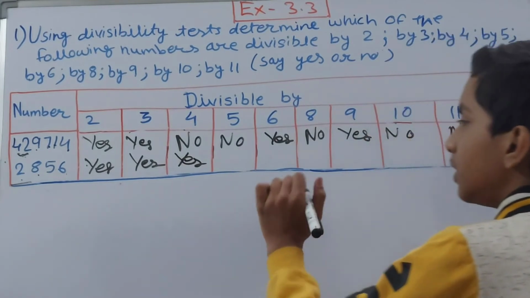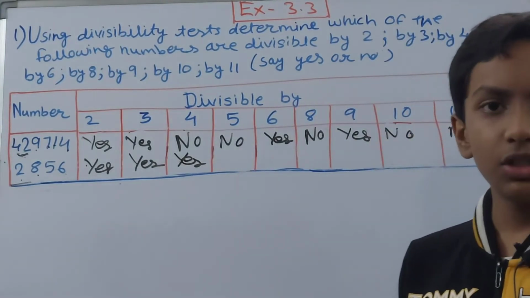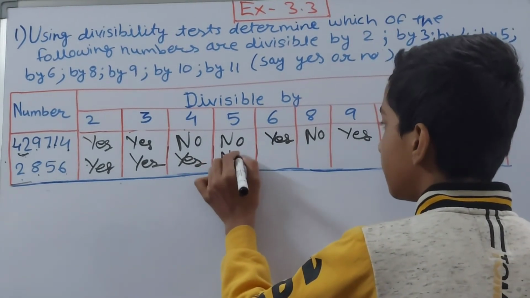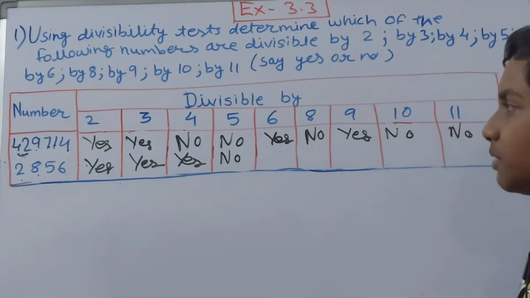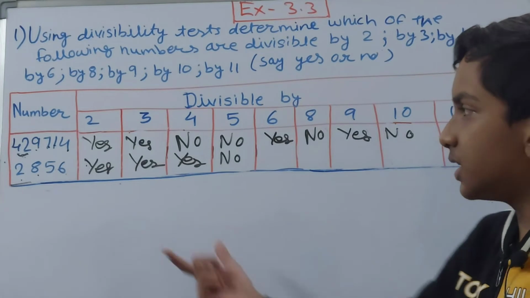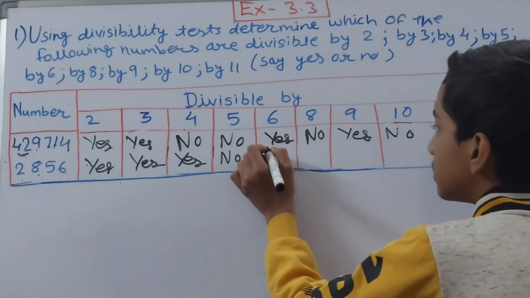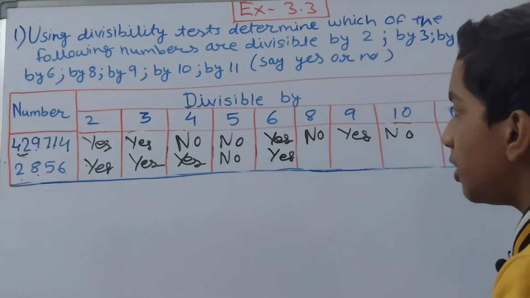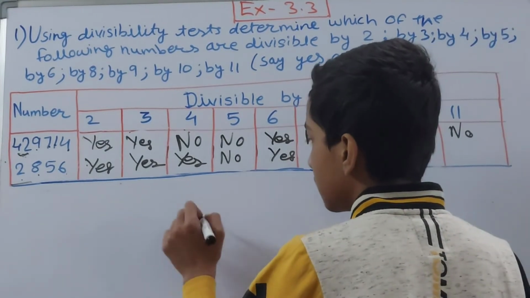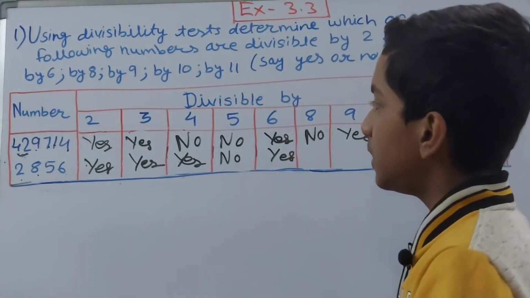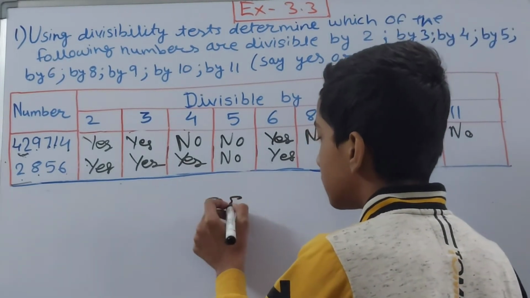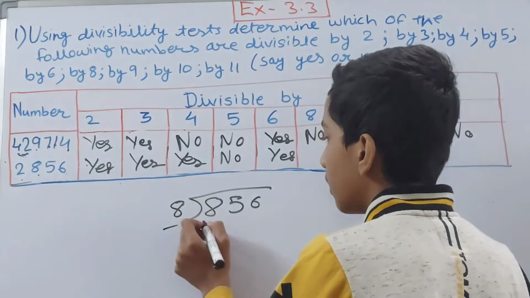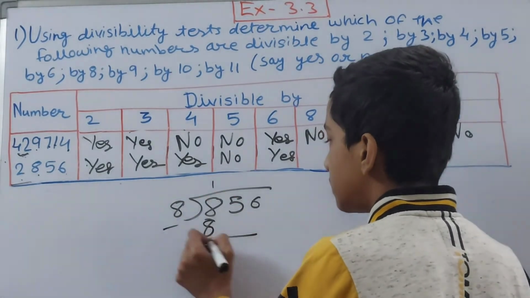For 5, you will see the digit at one's place should be 0 or 5. We have 6, so it is not divisible by 5. For 6, the number should be divisible by 2 and 3, which it is. So that means here also we will put yes. For 8, check the last 3 digits, 856. Now let us start to divide this by 8. So minus 8, 1, 0.